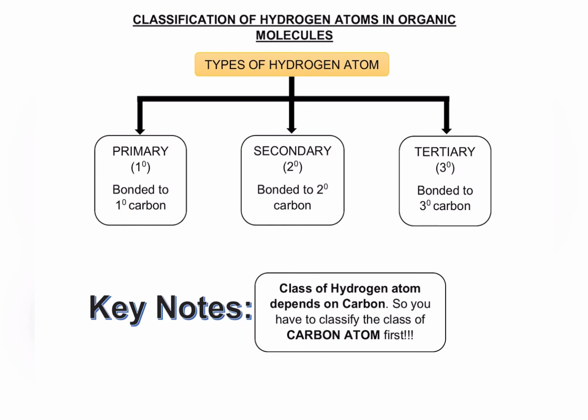Secondary hydrogen atom means that hydrogen atoms that you want to classify is bonded to secondary carbon, and same for tertiary. So it means that you have to understand the class of carbon atom. If you know how to classify the carbon atom, automatically the class of hydrogen atom attached to that carbon will be the same class with it.